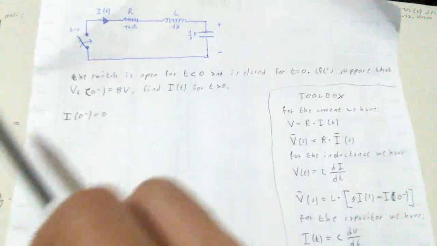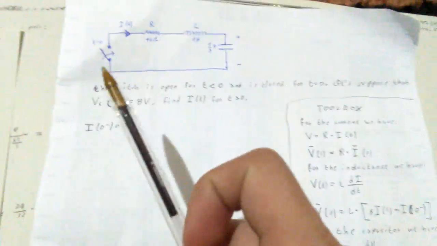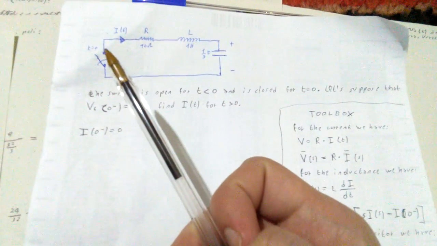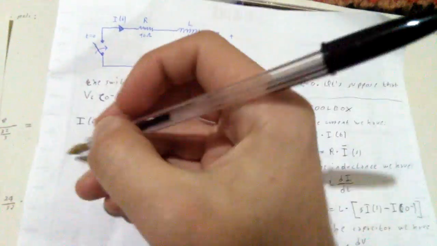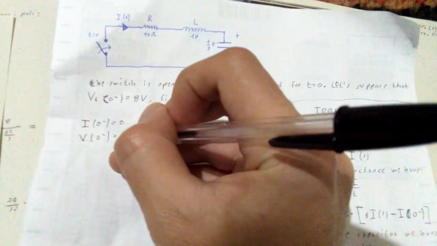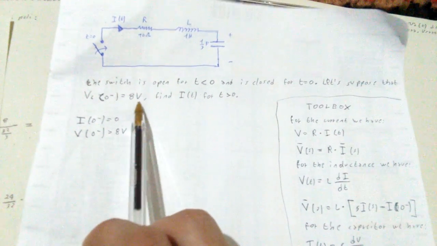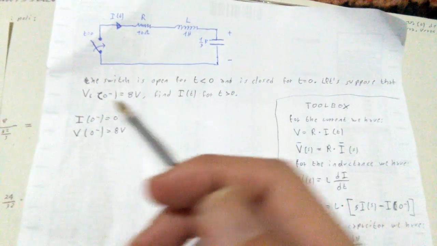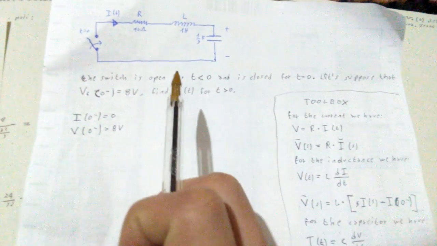So we know that I(0 minus) is equal to 0, so there is no current flowing because the circuit is open. Now we also know that V(0 minus) is 8 volts. We know that because the problem is just giving this value to us.